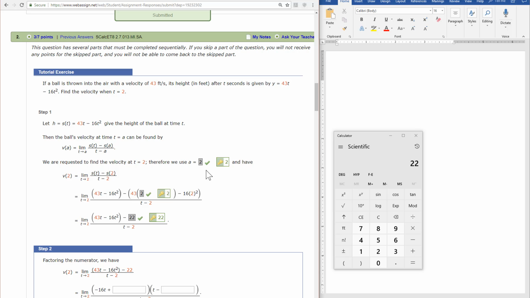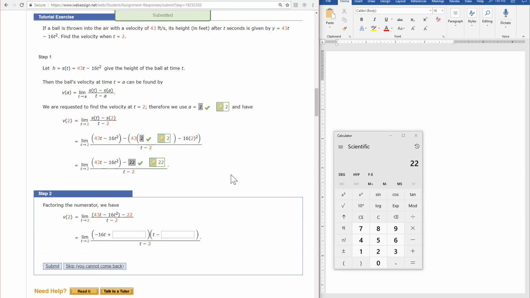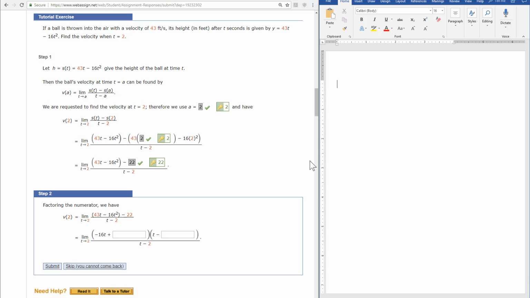Now, if we put t equals 2 here, we're actually going to get 0 divided by 0. So we're going to be interested in seeing if we can factor. Hopefully we can factor, and we're going to take a look at factoring the numerator here.